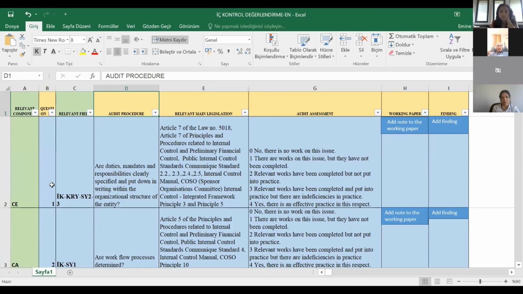And the question number, relevant field. This means some questions are related to strategic management, the blue ones, and some questions are related to enterprise risk management, and some of them are related to internal control systems. So since we are evaluating 3 systems, we have this column. And the audit procedure itself, and the relevant main legislation.